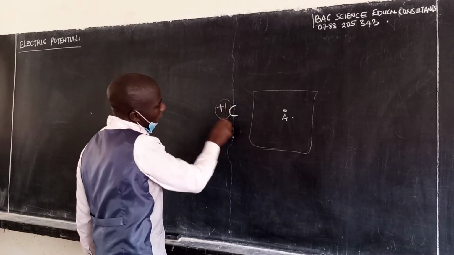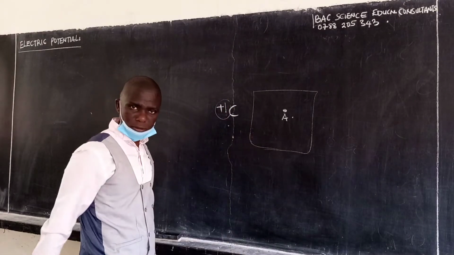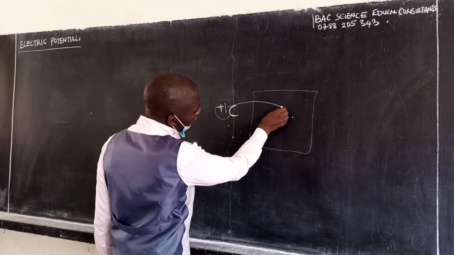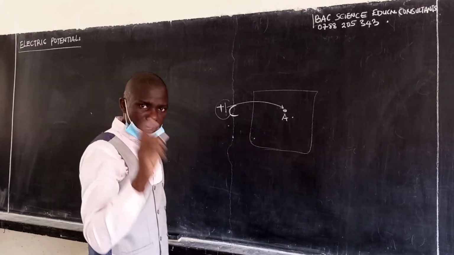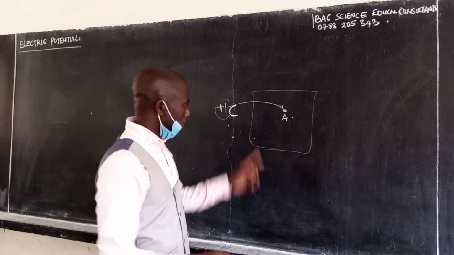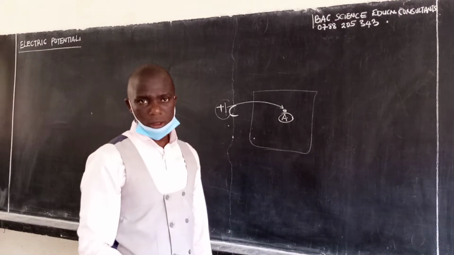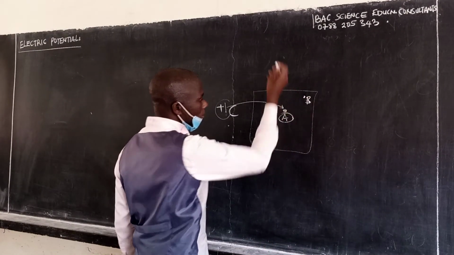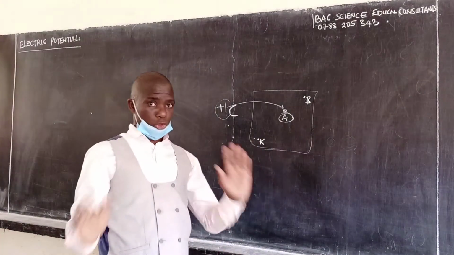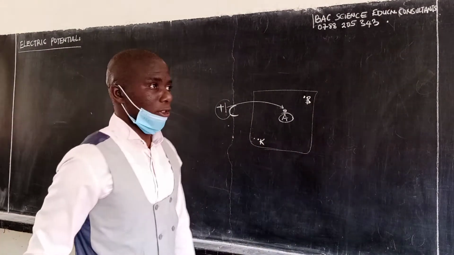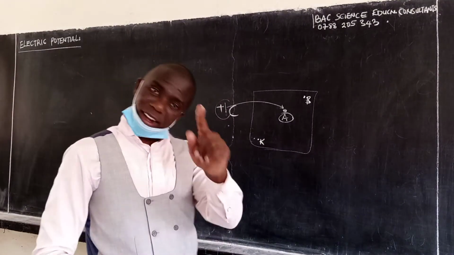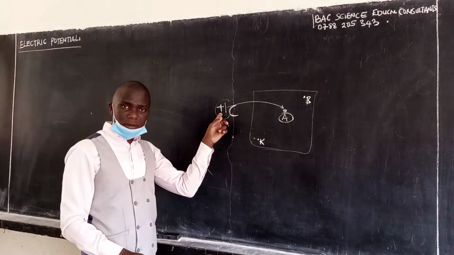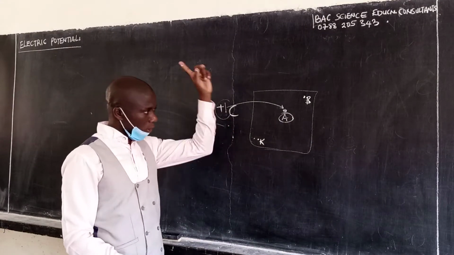I do some work against this field to bring this charge up to this point. That work that I have done is the potential at point A. Meaning the potential at point A differs from the potential maybe at point B, at point K. It will be different. It depends on the position. And it is the work done to move one positive Coulomb charge from this to that one.